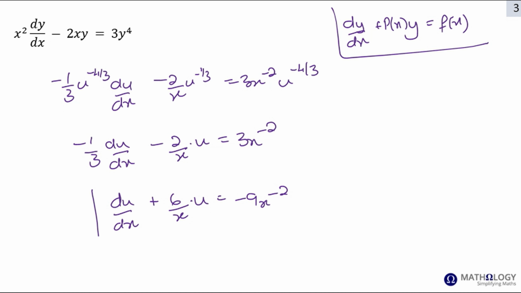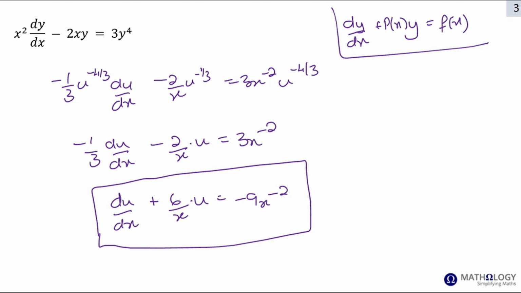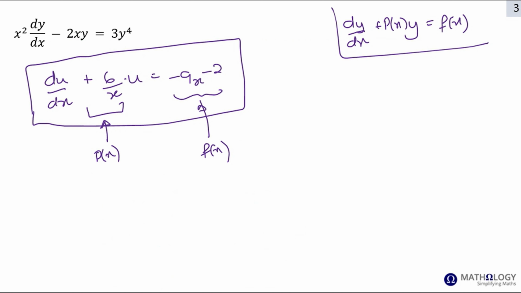This is now a linear differential equation in standard form. So 6 over x is the value of p of x, and minus 9x to the minus 2 is f of x. So we now need to establish the integrating factor, mu of x, which is defined as e to the integral of p of x dx.